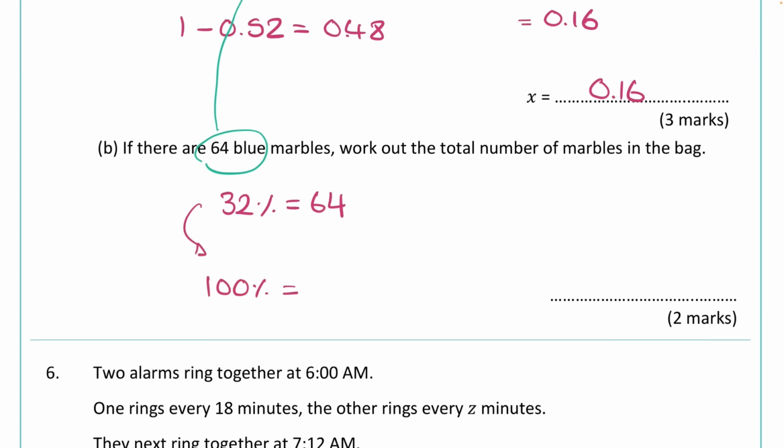To do that, we can divide down to 1%. So if I divide by 32, I get 1% is equal to 2, and then times that by 100 to get my 100%, which is equal to 200. And there we go, a bit of a reverse percentage there within our probability from our table.